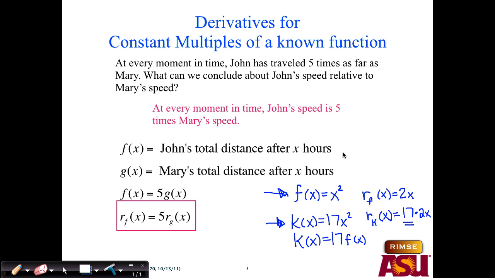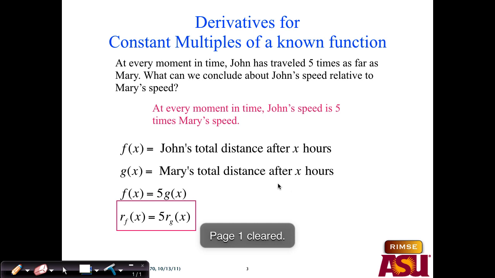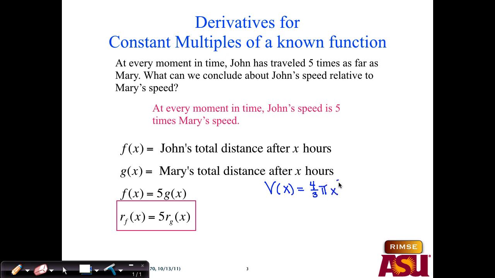So, for instance, we actually dealt with this entirely already. If you remember the sphere question, let me clear this. We had the volume of a sphere was 4/3 pi x cubed if the radius was x, and we decided that the rate of change of function v with respect to x came out to be, in simplified form, 4 pi x squared.